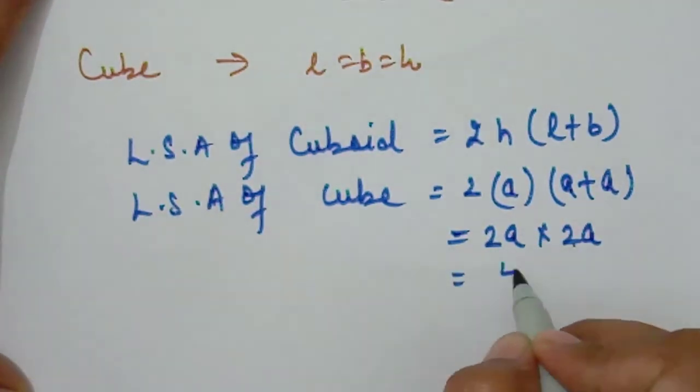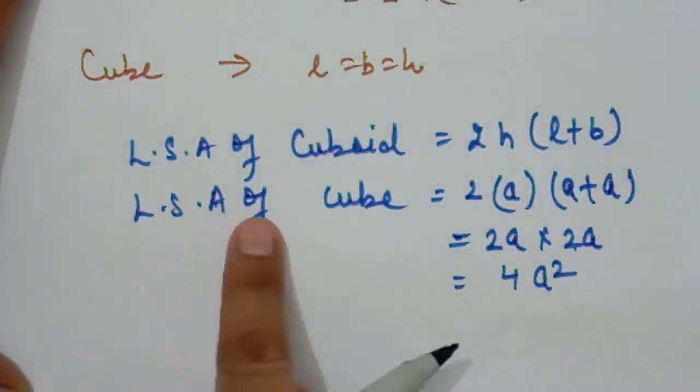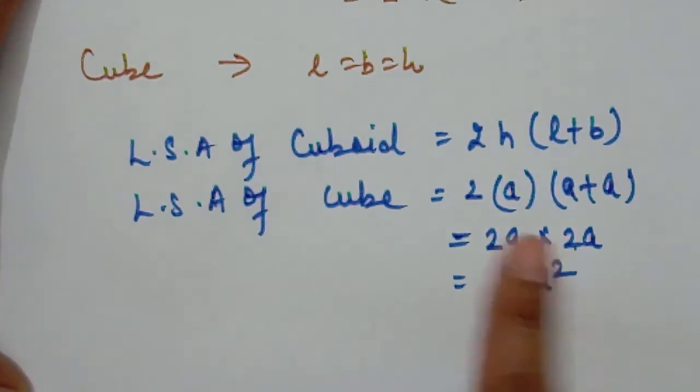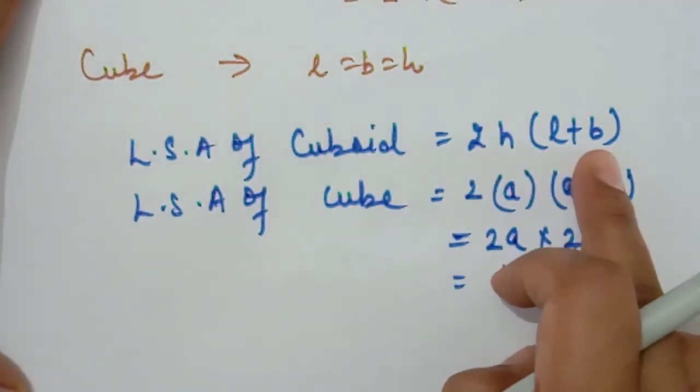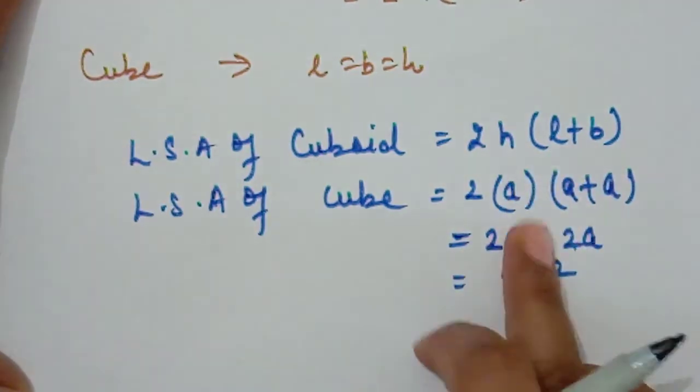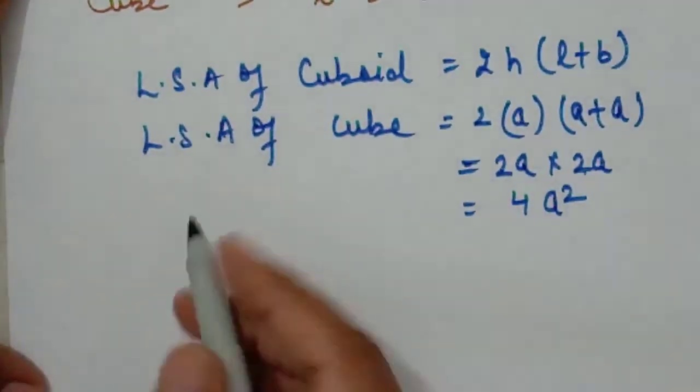Now 2 twos are 4A square. So the lateral surface area of a cube is 4A square. I did nothing, only put the same value A units for length, breadth and height.